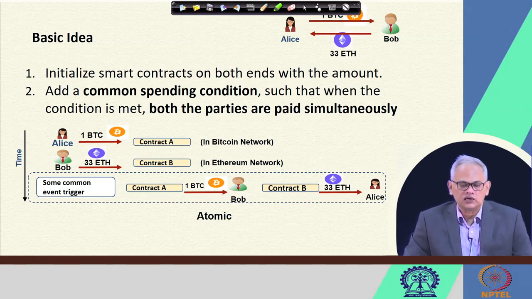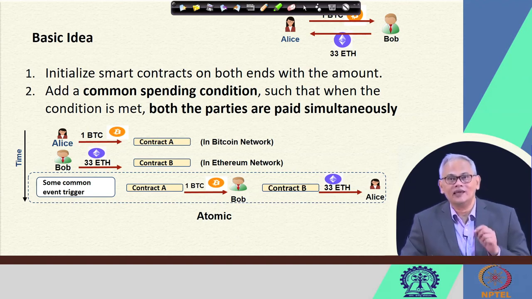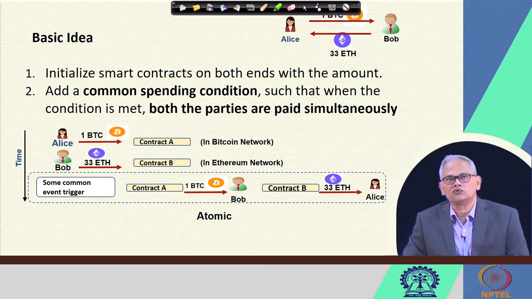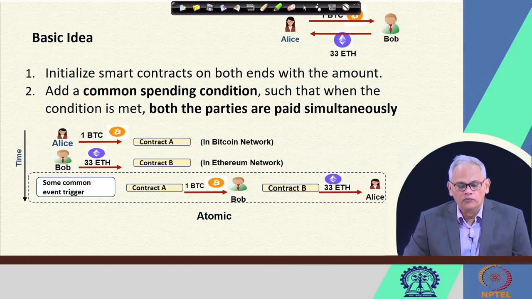These smart contracts are initialized on both ends with the amount. If you see this diagram, Alice initiates a smart contract, denoted as contract A, in the Bitcoin network, which is about transferring 1 Bitcoin. And then Bob in the Ethereum network initiates contract B that transfers 33 ethers.